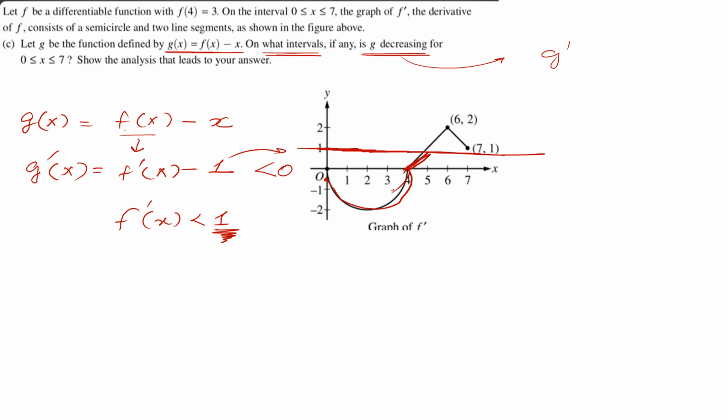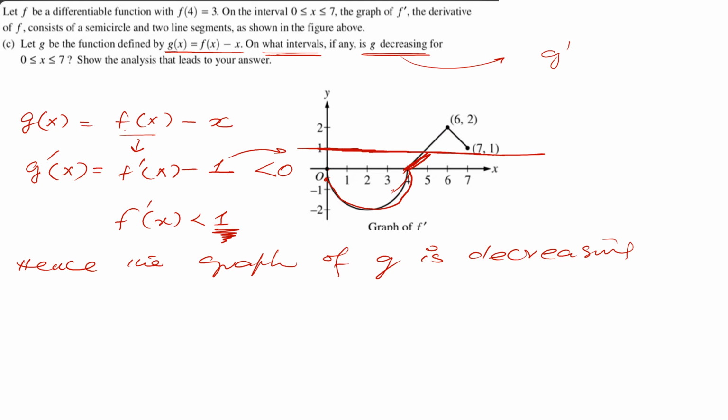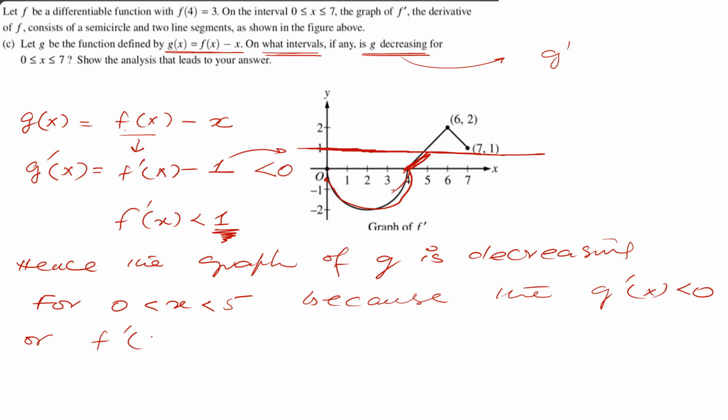So you can say that the graph of g is decreasing for 0 till 5, because the derivative of g is less than 0, or the derivative of the function f is less than 1. Anything like this you can write.